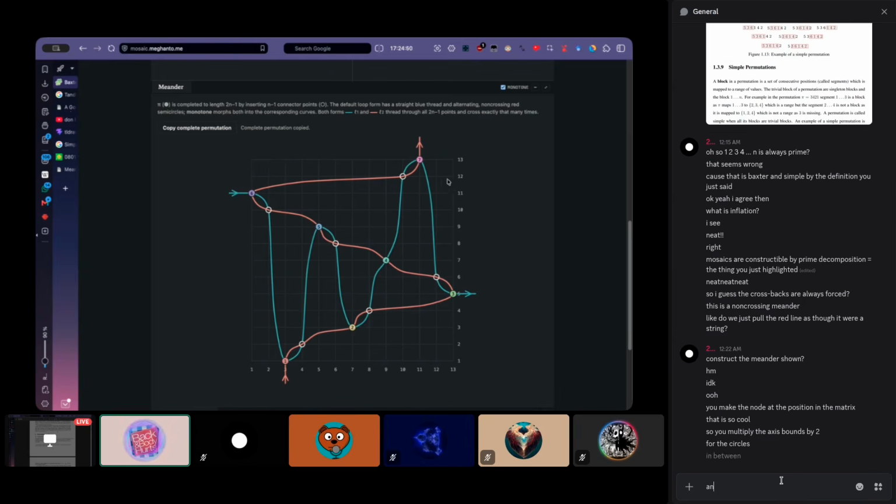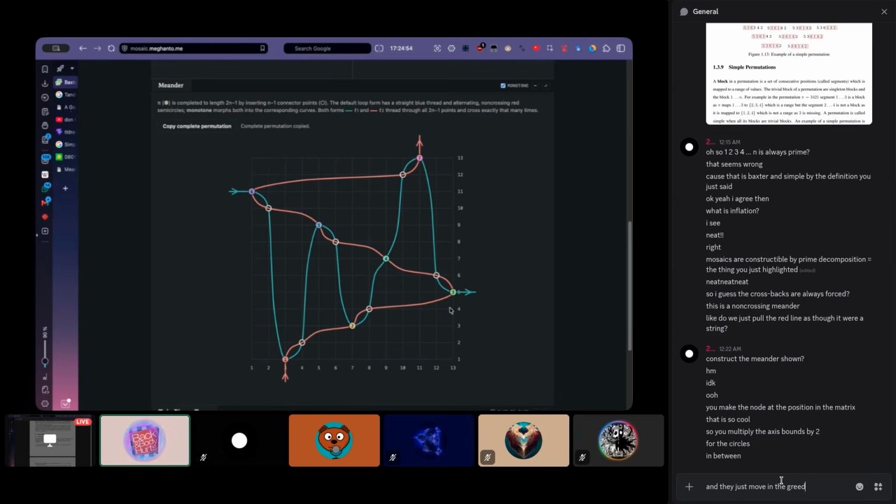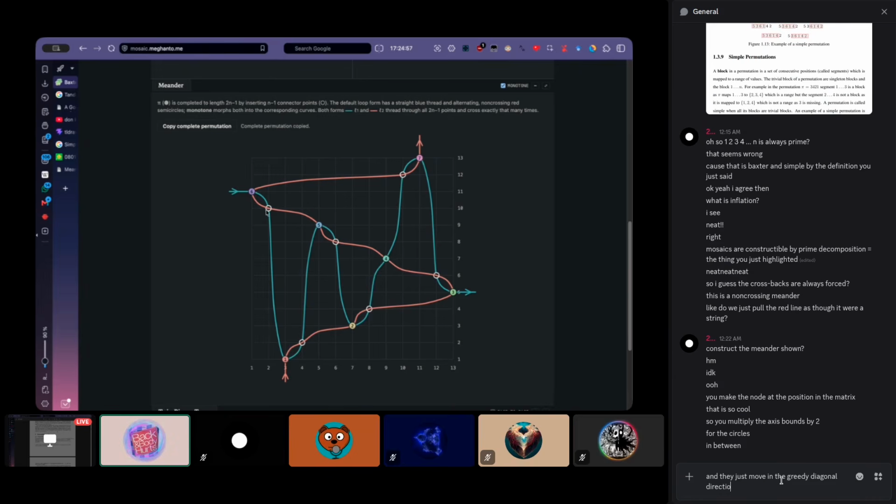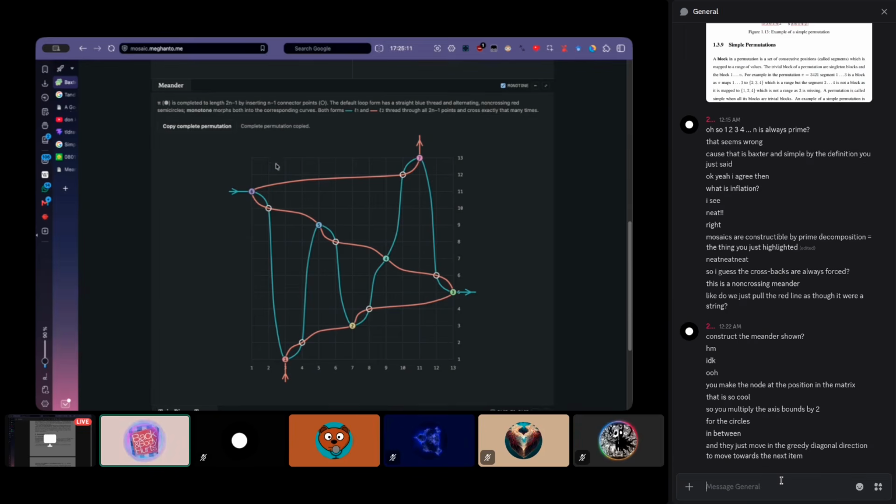And if you consider the whole thing as a permutation, including the islets as the dots, then you can create a new Baxter permutation that's not going to be prime, but it's going to be good. Red will always move from bottom to top and blue will always move from left to right, regardless of anything.